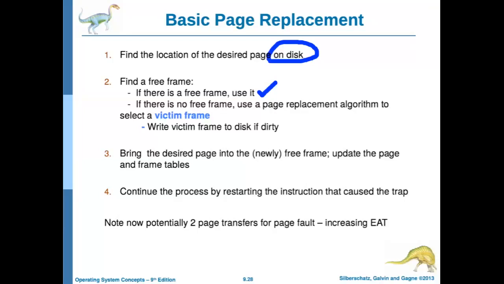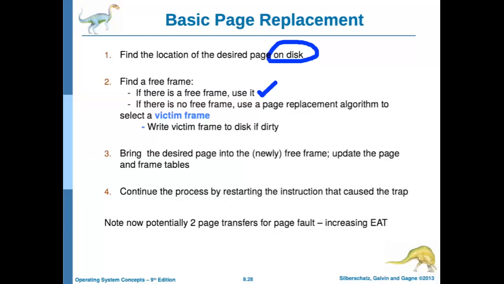Now whatever victim frame you have selected, if the dirty bit of that is set to 1, that means that frame is modified, then 2 write operations are required. One is that the selected victim needs to be written back to the backing store. And then the desired page from the disk, you want to take that into the main memory, so again you need to copy.